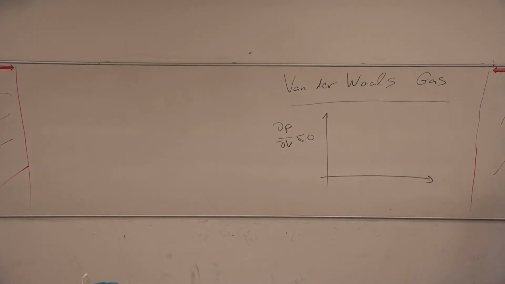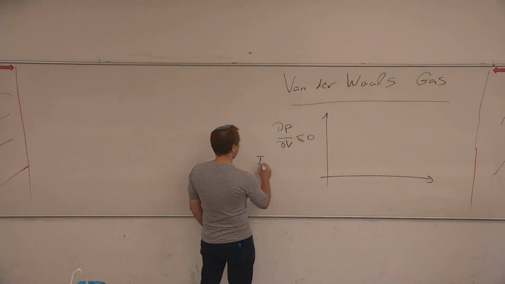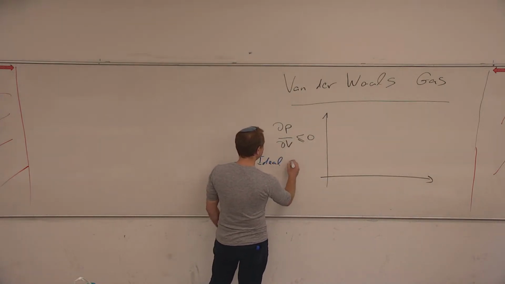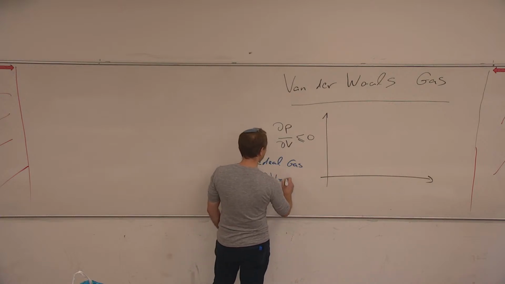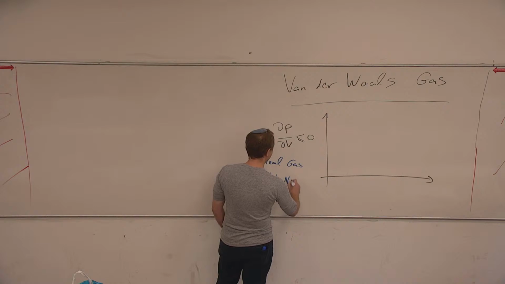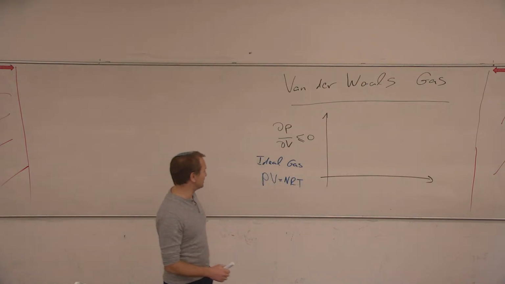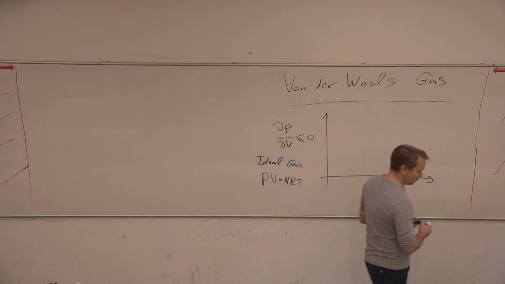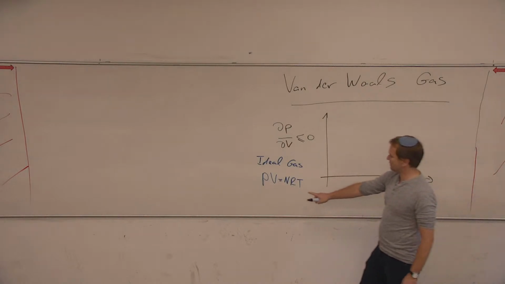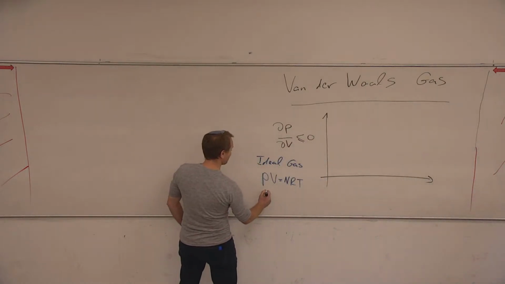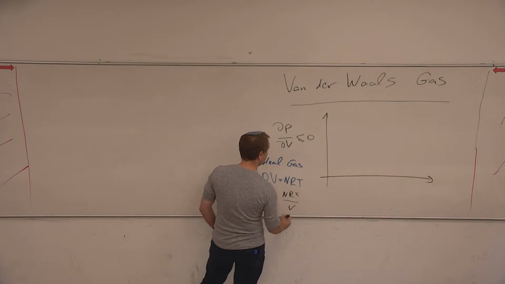What we have seen is that if we are using the ideal gas formula, where PV equals nRT, R is the gas constant, T is the temperature, and n is the number of moles, then from this picture, P simply equals nRT divided by V.